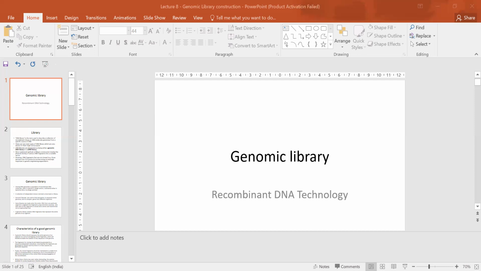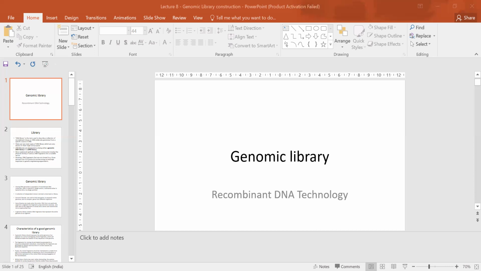Now, you may ask what is the application of that? Genomic DNA libraries are useful for understanding the organization of the genes and identifying the regulatory elements, and also useful for genomic mapping.